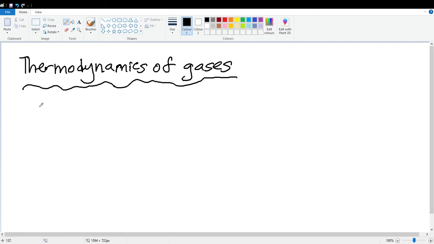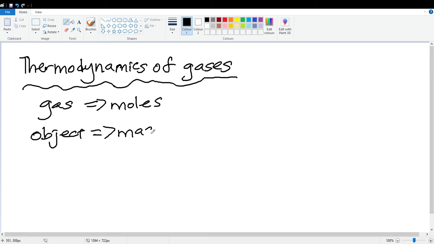As for an object, we have heat capacity. But our subject is now gas instead of an object. For gas, we usually calculate in terms of moles, whereas for an object we have the mass.